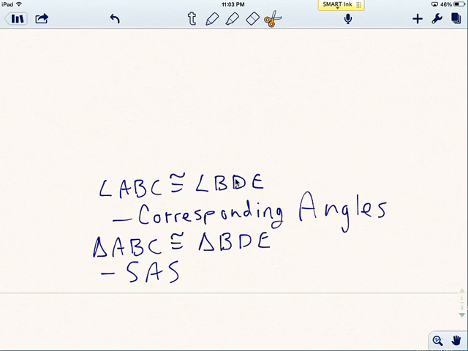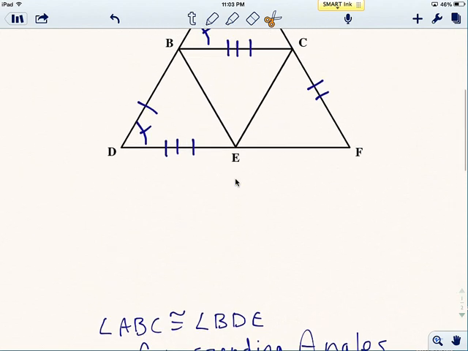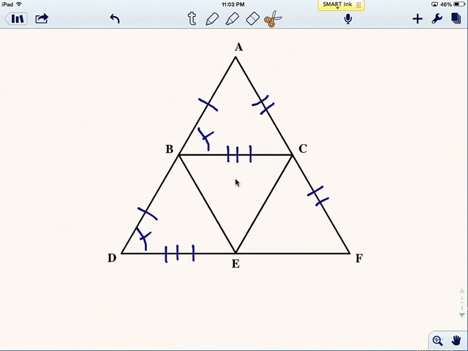Okay, perfect. So I've got my last 2 steps, but I still don't think that I have enough information to prove that those are corresponding angles. And the big issue here is that there's nothing right now that says that BC is parallel to DF. And so I need something. If it had given me BC is parallel to DF, then I'd be golden.